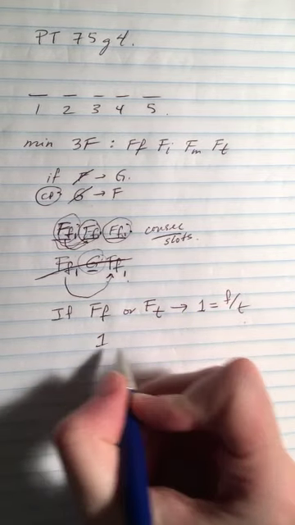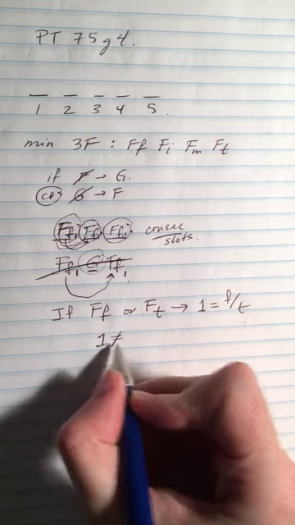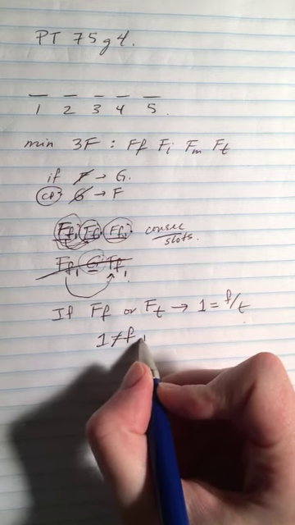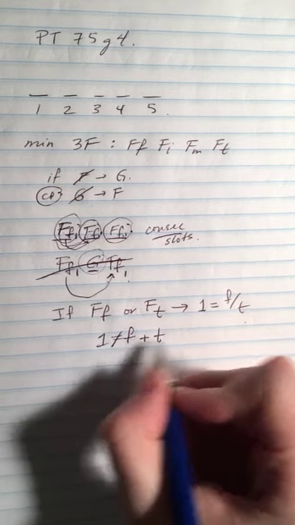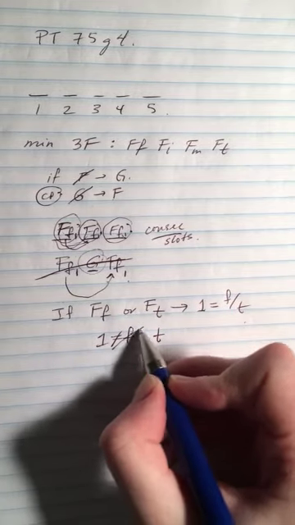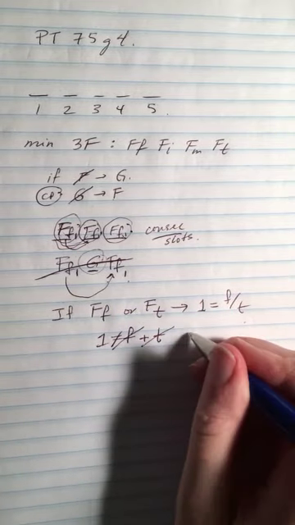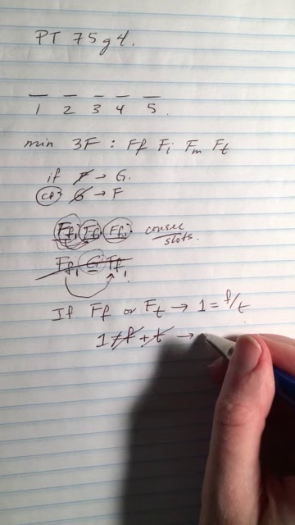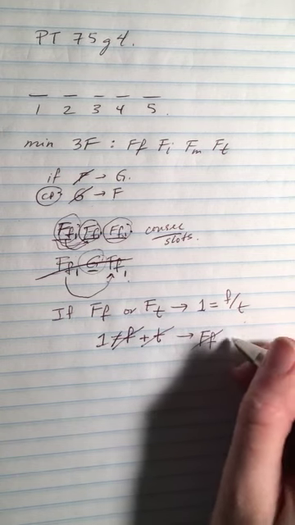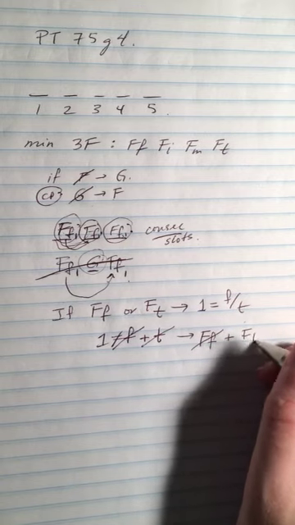So if slot 1 is not finance and not technology, so it's neither of these, then we don't have any finance and we don't have any technology.